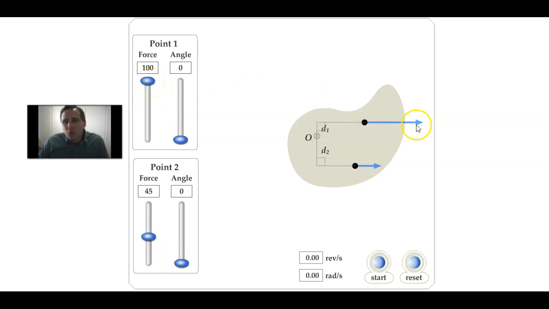Force 1 is at its maximum value that can be set, 100 newtons or so. But if we increase force number 2, now we're getting greater counterclockwise torque from force 2 compared to the clockwise torque from force 1.